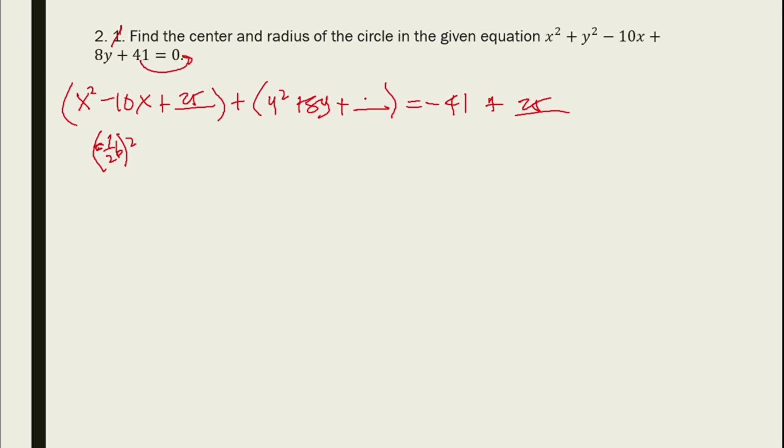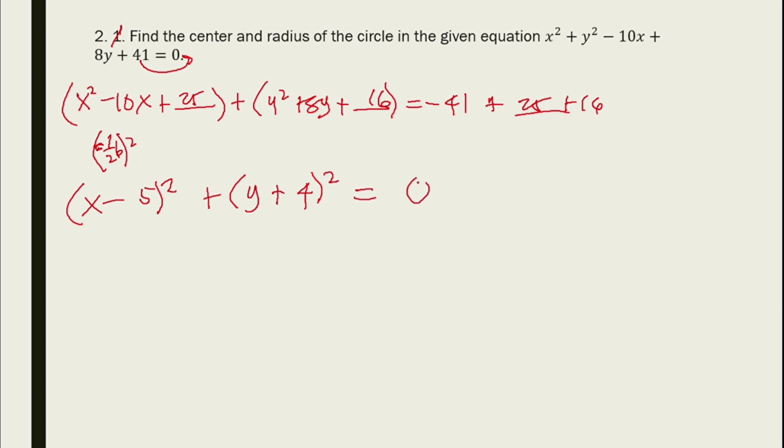So we have 16 here. If we simplify, x, copy the sign negative, and the square root of this one is 5, then squared. Plus y, copy the sign plus, and we have 4, then squared is equal to, if we total this one, negative 41 plus 25 plus 16, which is 0.